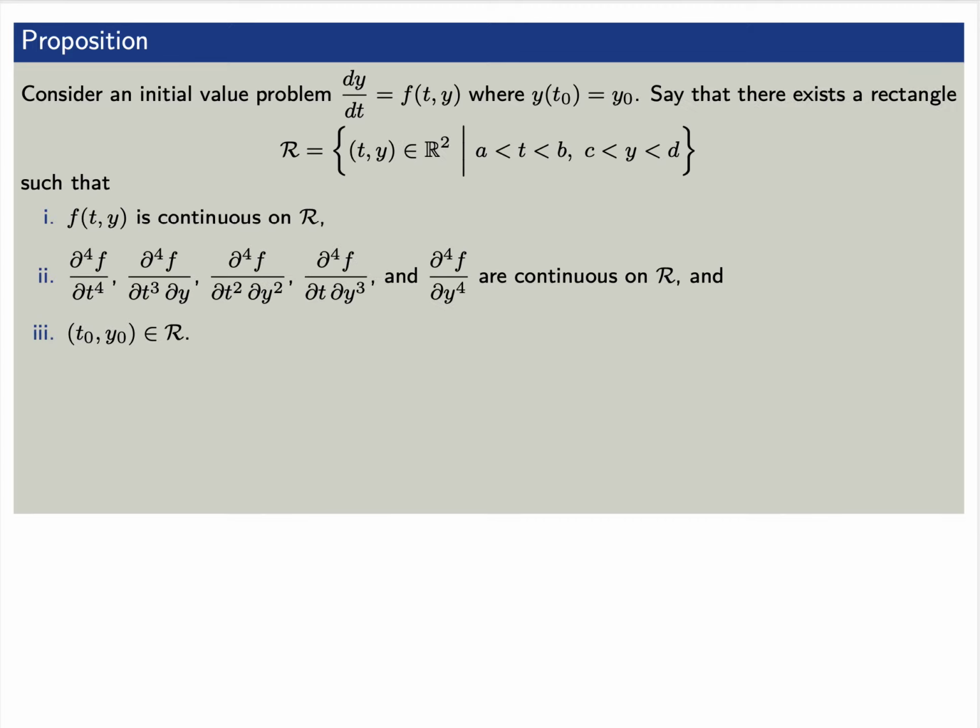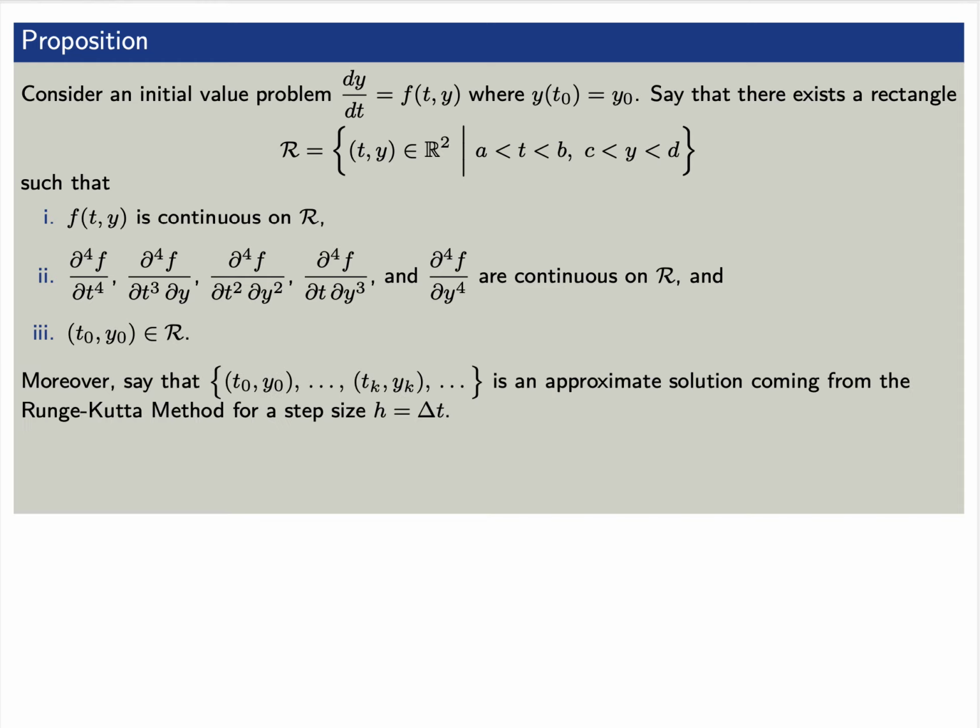As before, let's consider a rectangle where t goes between a and b and y goes between c and d. We'll place a few mild conditions on our function f, specifically that the fourth order partial derivatives should all exist and be continuous in this rectangle. Moreover, let's say that we have an approximate solution, that is points (tₖ, yₖ), coming from the Runge-Kutta method of some step size h.